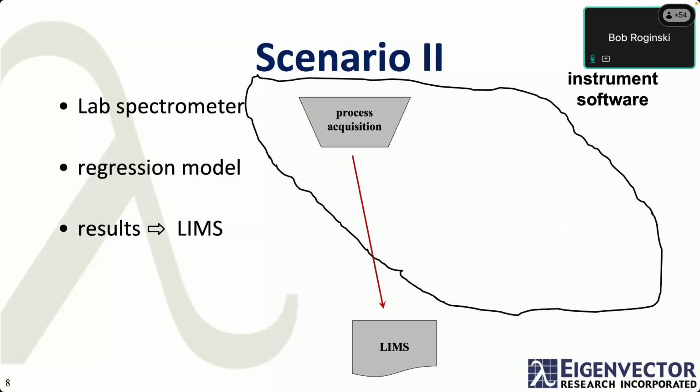Your instrument software may have direct hooks, or maybe this is done passively, where the report file might be saved to a particular location, either on the computer that's doing the acquisition or a computer on the network, and then the LIMS system will swoop in and grab those results, parse that file, and then add them to the database.